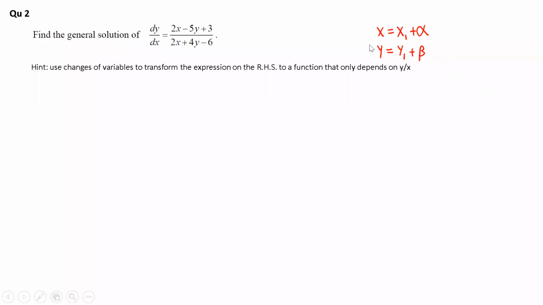Then I want you to rewrite this differential equation in terms of x1 and y1, such that you pick the values of alpha and beta so that the whole equation, after expressing it in terms of the new variables, does not have this constant term alone.